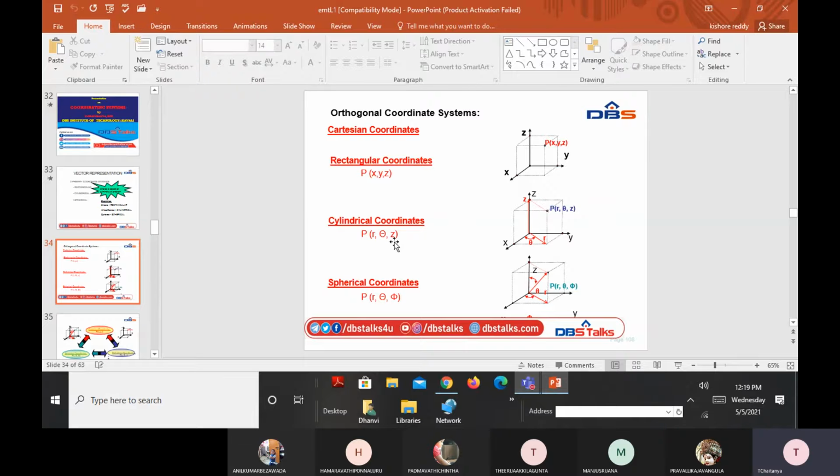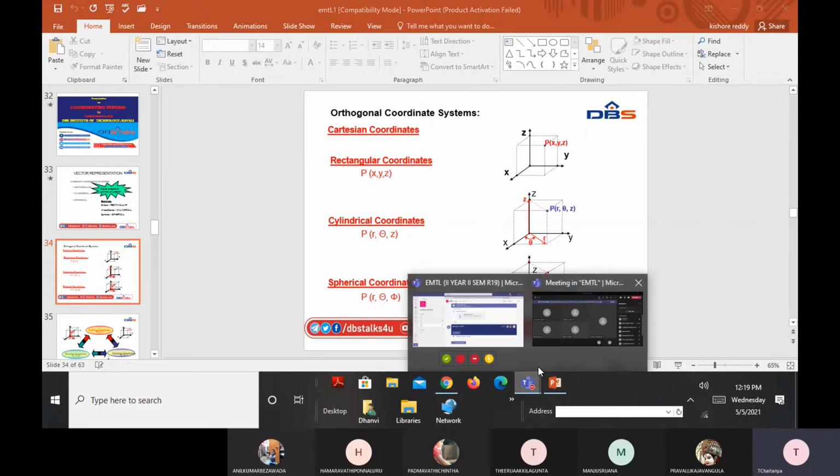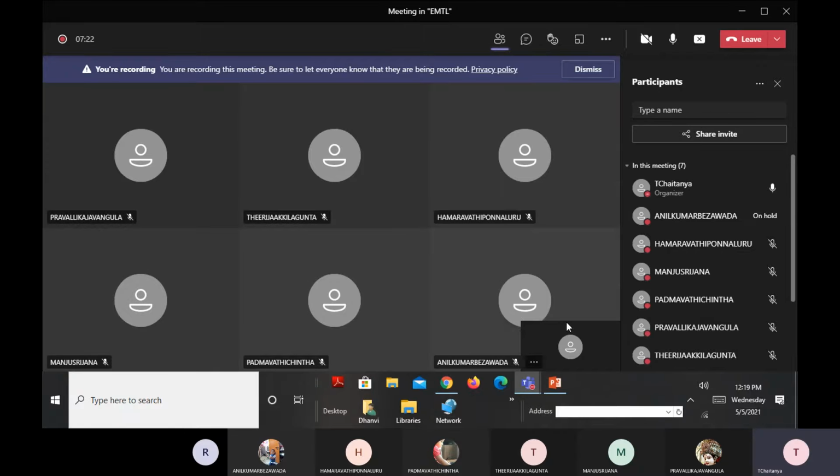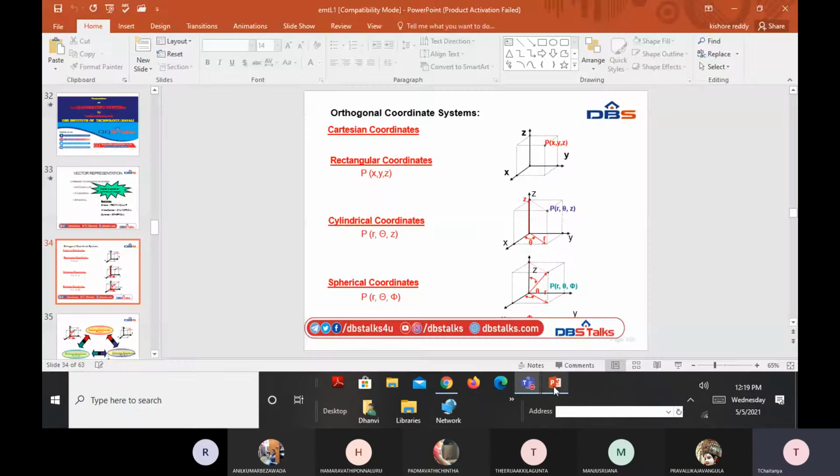In a cylindrical coordinating system, the point representation is r comma phi comma z, where r indicates the radius of the cylinder.